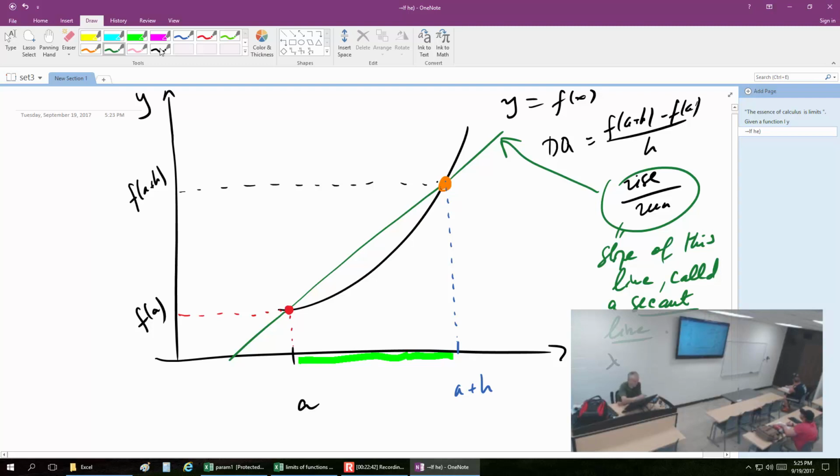It does make sense somewhat, since a cut is cutting through the graph. That's what we're after to begin with, as an approximation. This is my change of y, the rise, and this is the run.